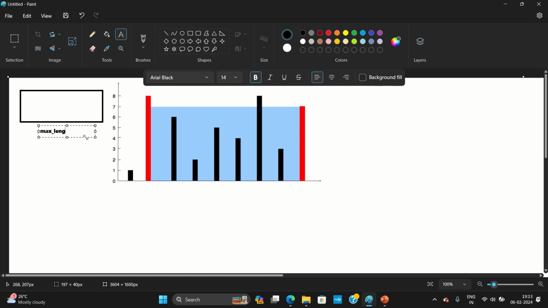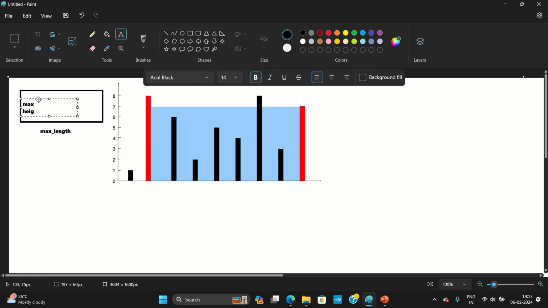maximum length, right, into maximum breadth. Fine. Maximum height, we can say. Here I am writing, please don't get confused because we can't have space.